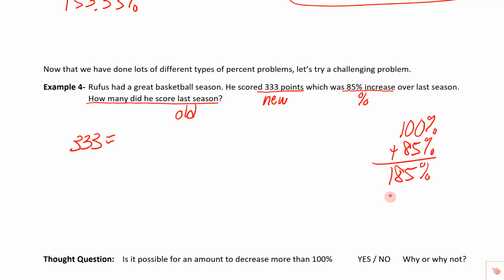When we change that to a decimal, it will be 1.85. So going back to our equation, the new amount equals 1.85, or 185% of the old amount. The old amount, we'll just call that x. Okay, so now we are going to solve for x to find the old amount.